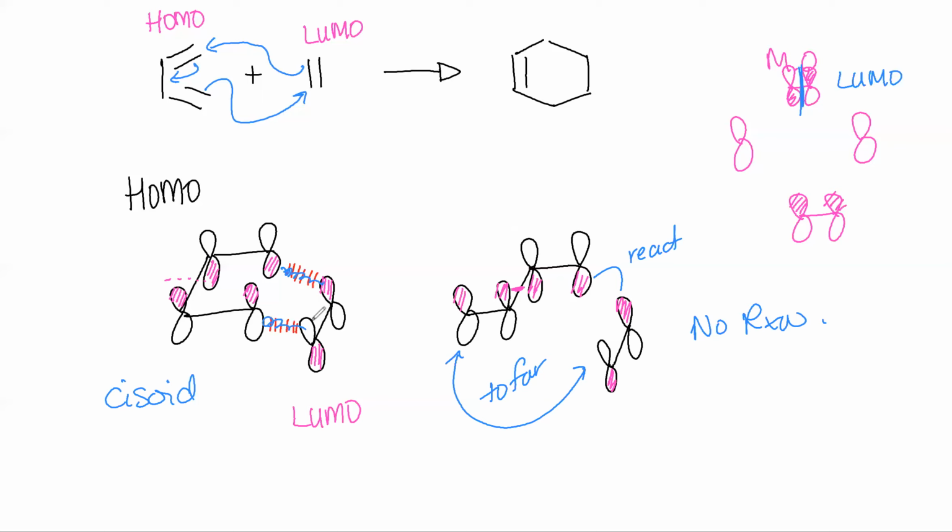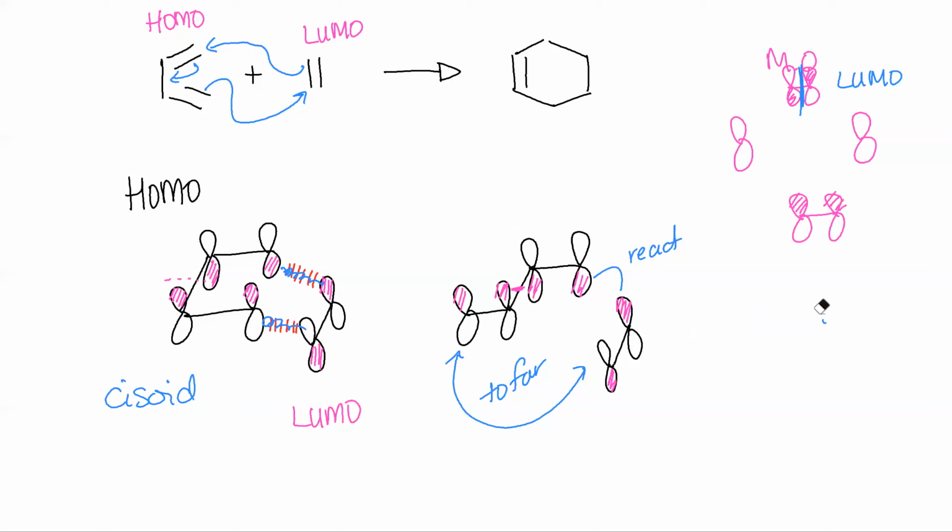Okay, so that's basically the molecular orbitals of the two components of this reaction. And if we were to build off, remember I said that the best dienophiles have electron withdrawing groups on them.